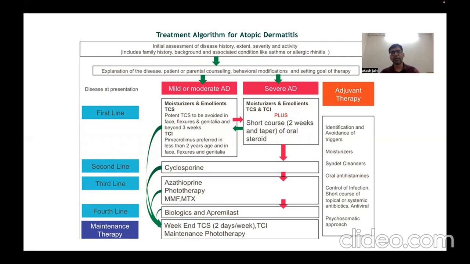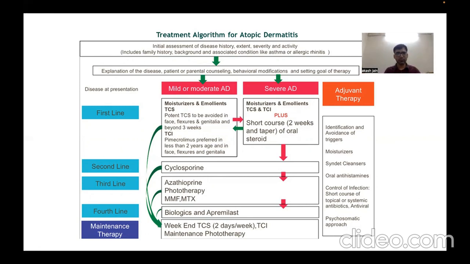So in this, we have to classify the disease, whether it is infantile, childhood, or adult phase, whether it is mild, moderate, or severe atopic dermatitis. Then explain the disease to the patient and parent, counseling, behavioral modifications, and setting the goal of therapy. Counsel the patient and parents about the general care, hygiene, and avoidance of triggering factors.